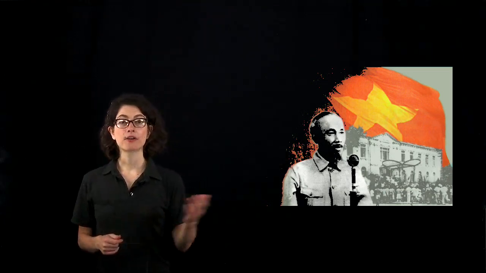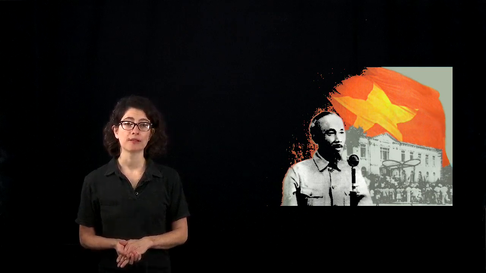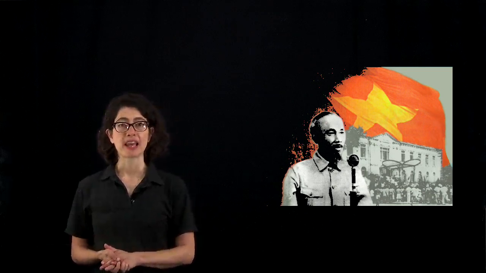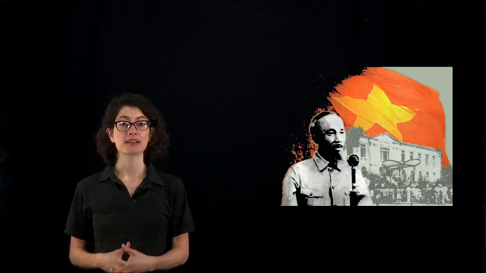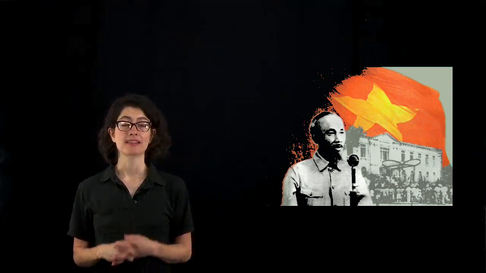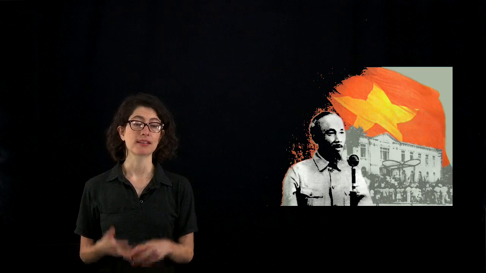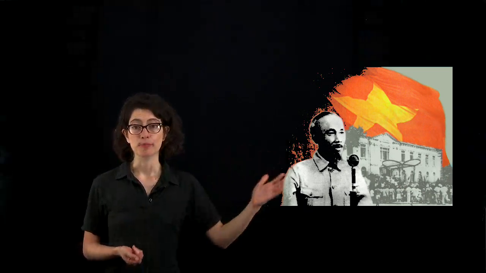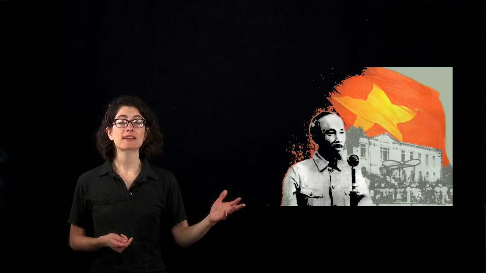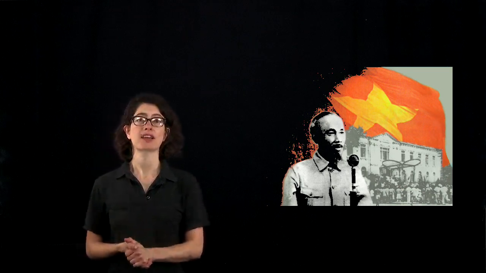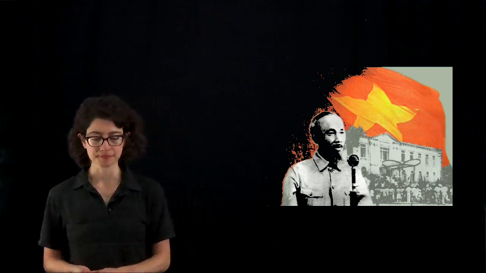A similar sort of movement occurred in Vietnam in the post-World War II era, although this became a more explicitly anti-imperialist movement, fighting against the French occupiers and then later the Americans. Ho Chi Minh was directly inspired by the Chinese Communist Party.